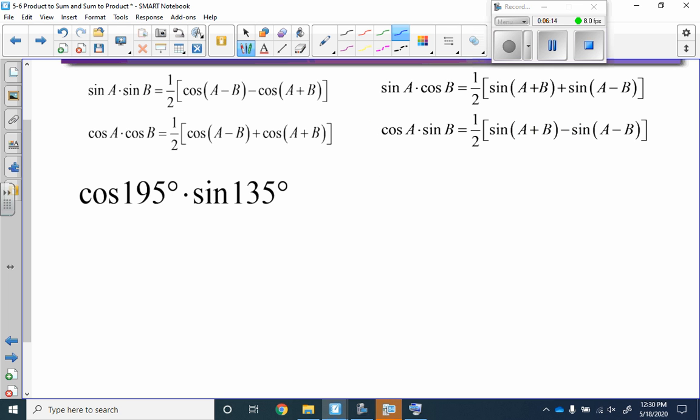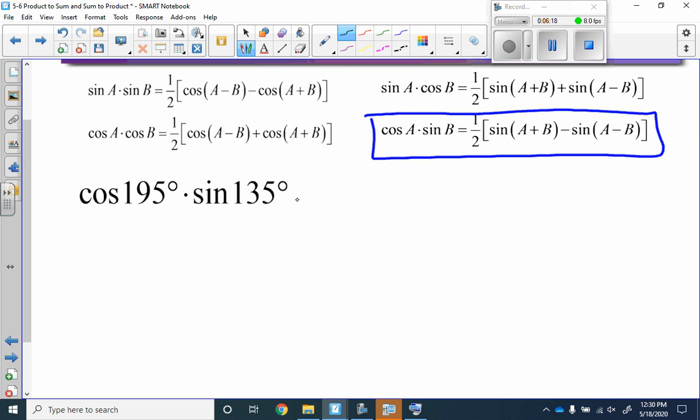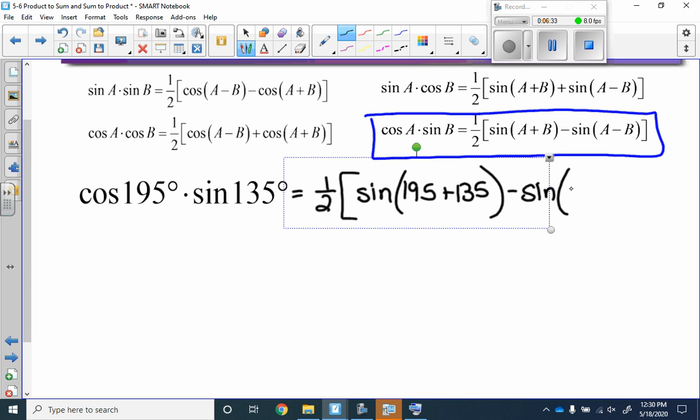So instead, I'm going to see if I can use one of these identities. I can set this up as 1/2 the sine of 195 plus 135 minus the sine of 195 minus 135.